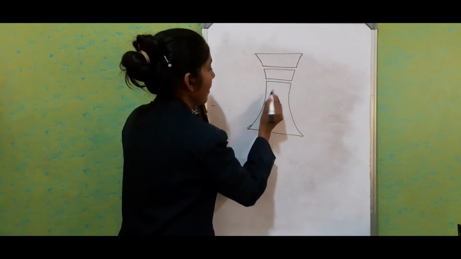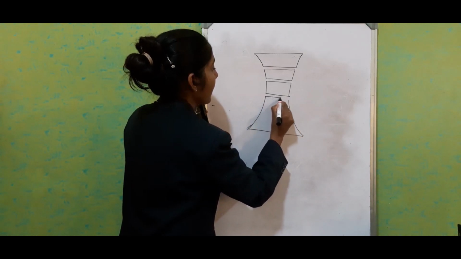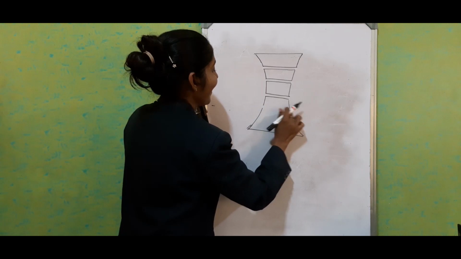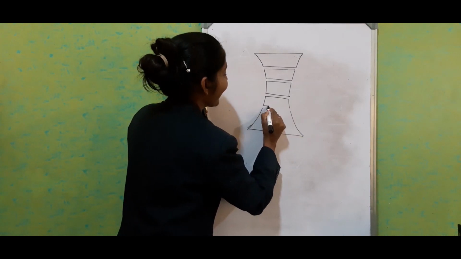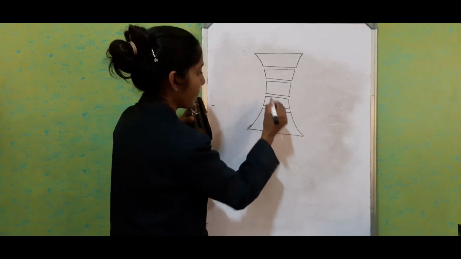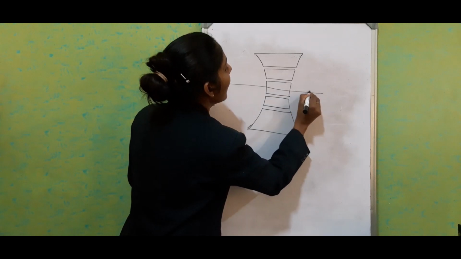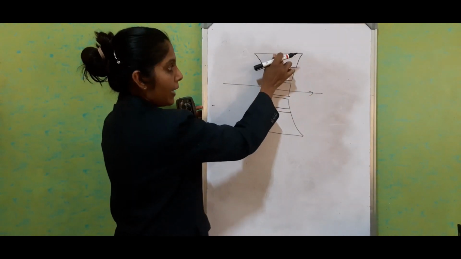Middle one is glass slab. This one is another prism and this is a last prism. Okay. So here the middle line will go undeviated, and this is the base of this prism.